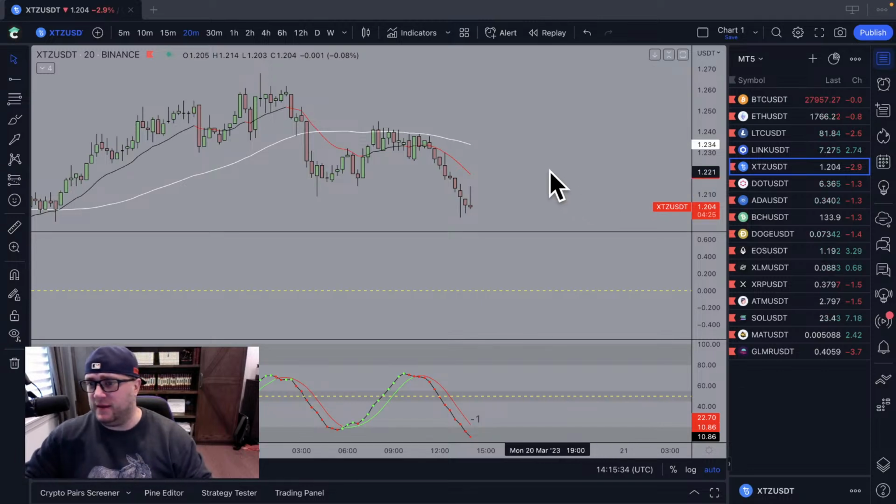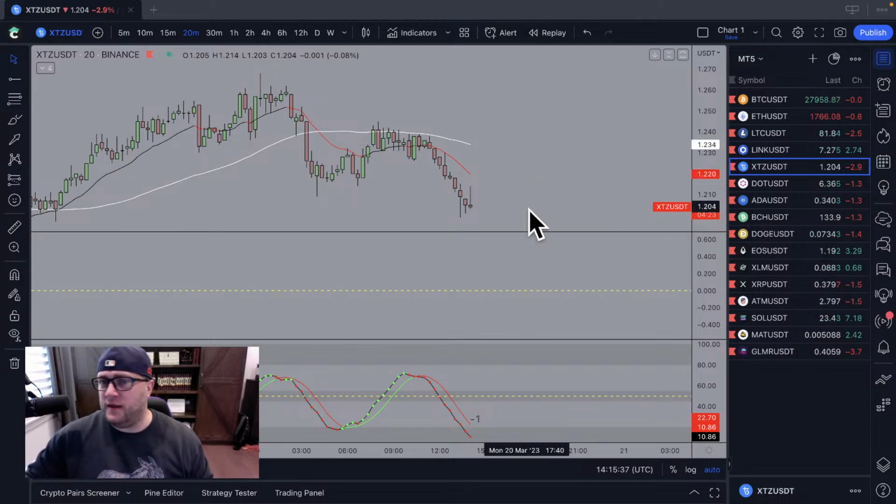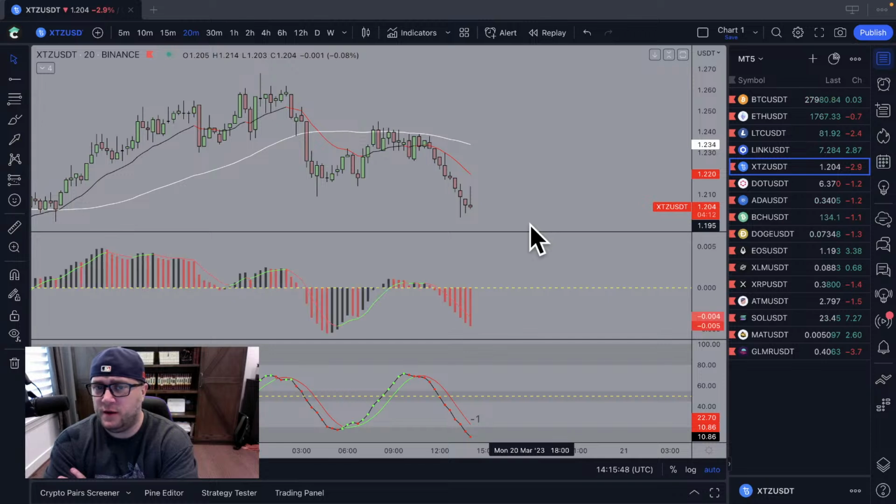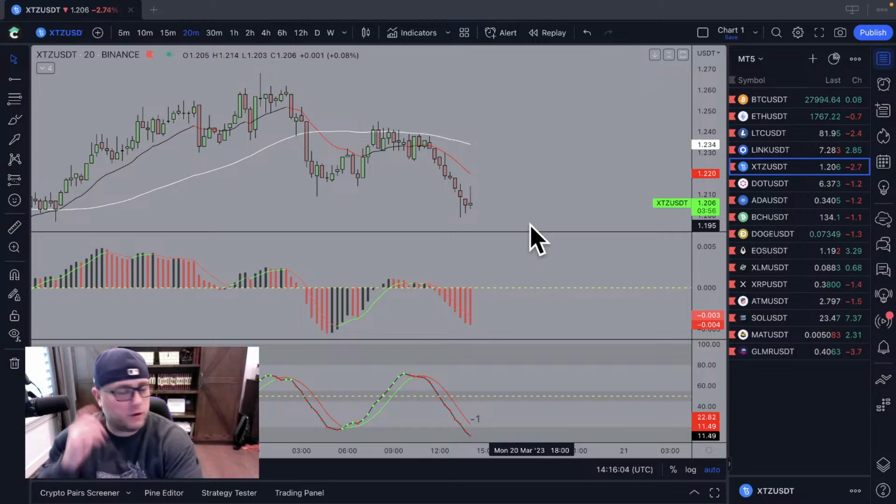But again, the idea is to ride the momentum. A lot of people will say price action is king, and if it works out for them, that's great. I am not a price action trader. I tried it and I got wrecked a lot. So I just try to ride the momentum. Momentum trading is a lot easier for me than price action.